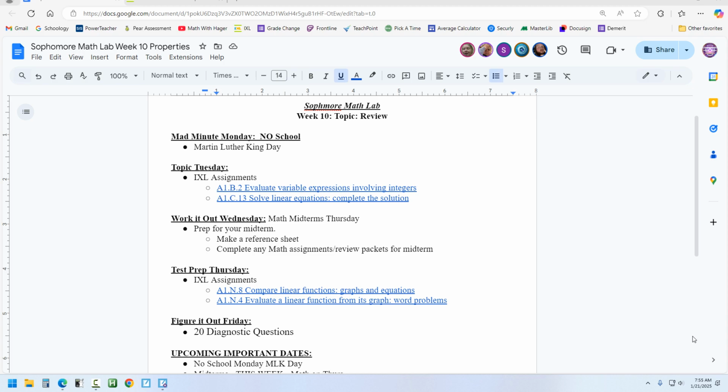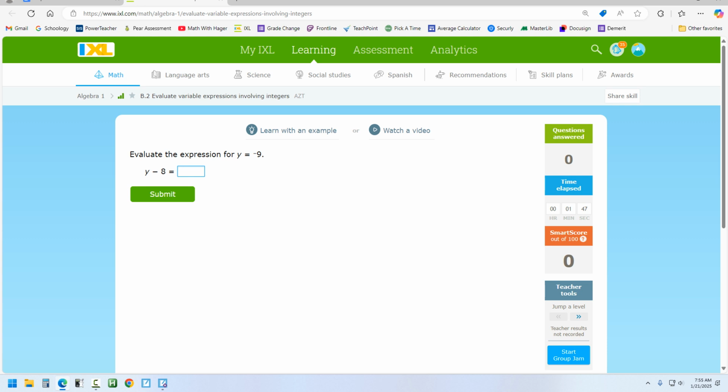All right, so the first one is B2. It's evaluating expressions. So remember what it means to evaluate. They usually give you a number, and they tell you where they want you to plug that number in. So it says evaluate the expression y minus 8. Copy that down.